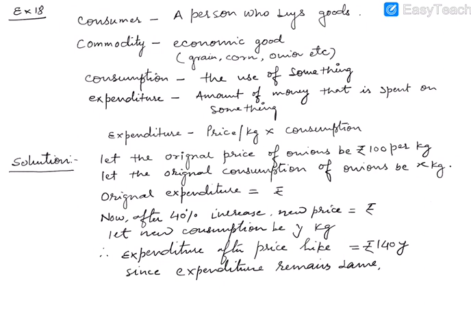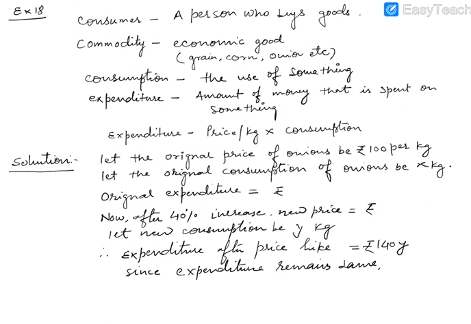Any economic good like onion, grain, corn, these are the commodities. Next term used in this question is consumption. The use of something is known as consumption. Suppose in our home, if daily we are using 1 kg potato, so that is our consumption. Per day 1 kg we are using potato at home, that is our consumption.